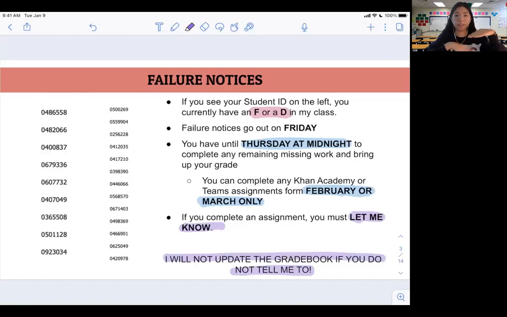When you add a new student to the class, it doesn't go back in time and it's not going to show you any of the past assignments. So if you forgot your password, that's it. You lost your ability to make up past work. I don't have a problem giving you a new account, but unfortunately, if you forgot your password, then you just lost that opportunity. You're not going to be able to make up all of that missing work.